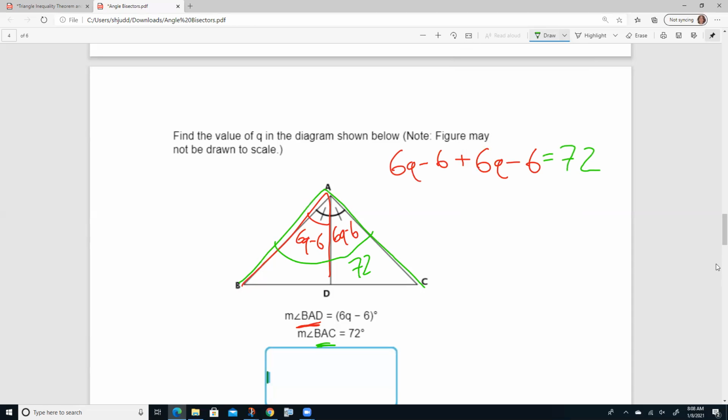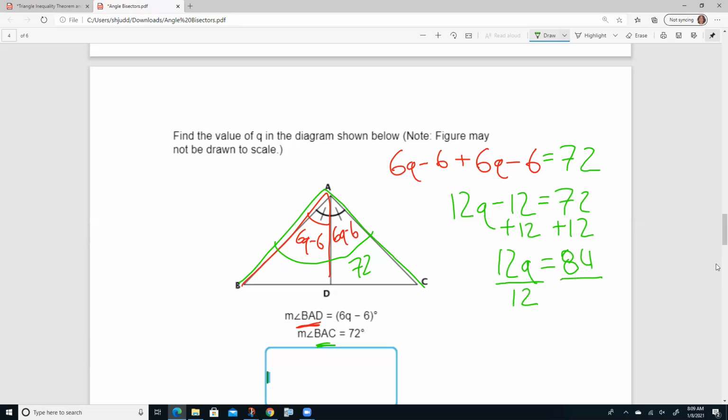So let's combine like terms. 6Q plus 6Q is 12Q. Negative 6 plus negative 6 is negative 12, equals 72. Add 12 to each side. 84 equals 12Q. Divide by 12, divide by 12. And Q equals 7.